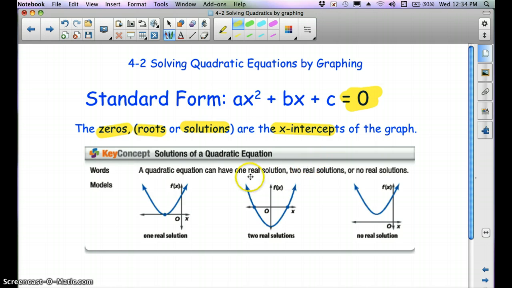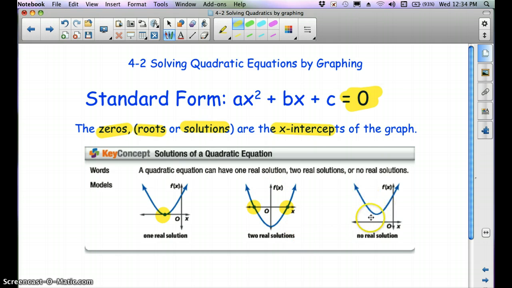So it can have one real solution where it crosses the x-axis once, so the vertex hits the x-axis. It can have two real solutions where it crosses the x-axis twice. So your vertex is below and the parabola is opening up, or your vertex is above and your parabola is opening down.